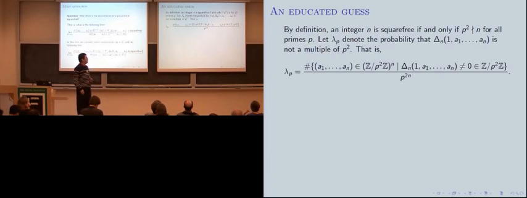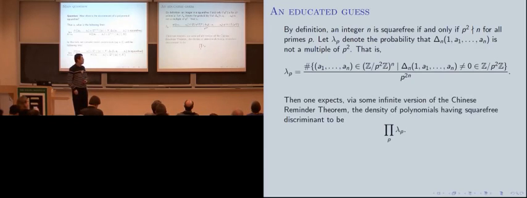So that's the probability that it's square-free at p. And then you hope that some infinite version of the Chinese remainder theorem works. So these conditions at different primes, hopefully they are independent. So then if you take the product, it should give you the density where it's square-free everywhere.